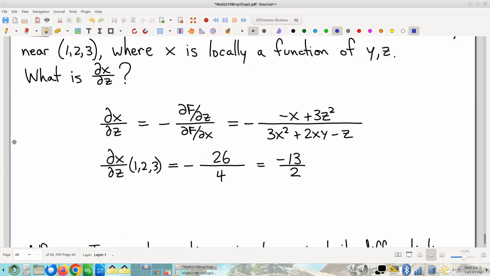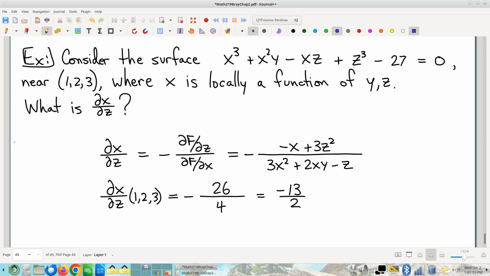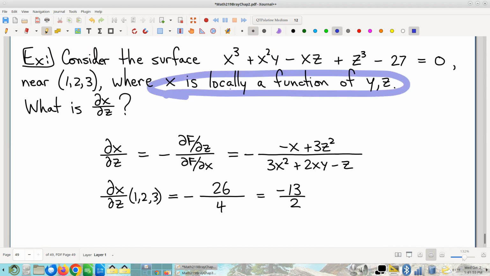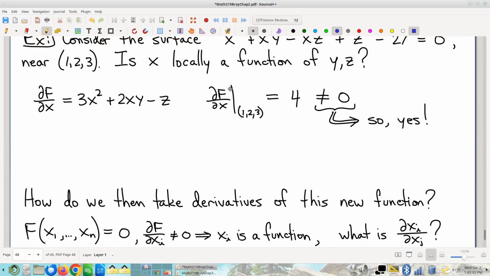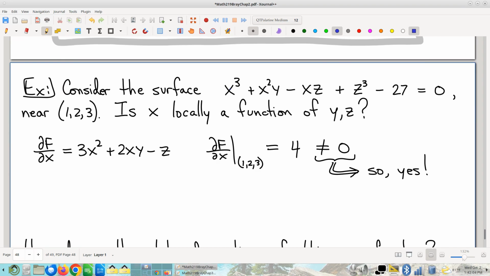In this example, it was. Now, why did I feel free to give in the statement of this example that x is a function of y and z? Well, it's because a page previously, we did an example where we established in exactly this case that, in fact, yes, x is locally a function of y and z. So in some sense, we'd already done it.